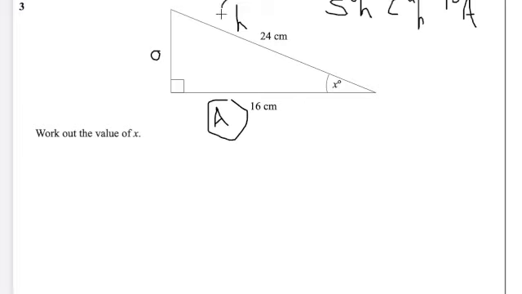See how I've done that? So you have the adjacent and you have the hypotenuse. So what has A and H in it? You can look across. A and H is CAH. So use cos.